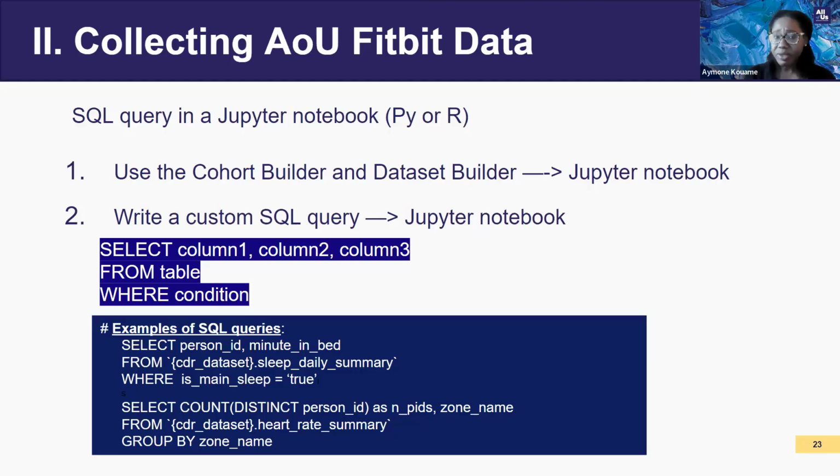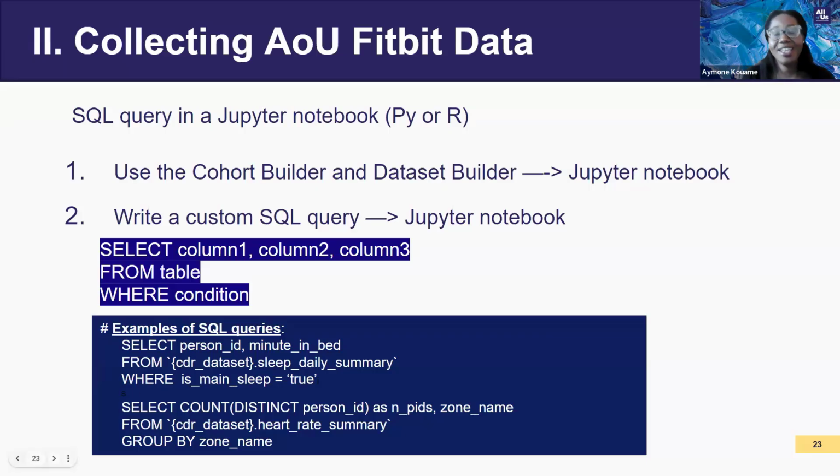So with every query, you have to have your select and from statement. Those two are required. It won't run if you don't have either. And the where condition is optional, but it's highly recommended with Fitbit, because that's where you use your filtering functions.